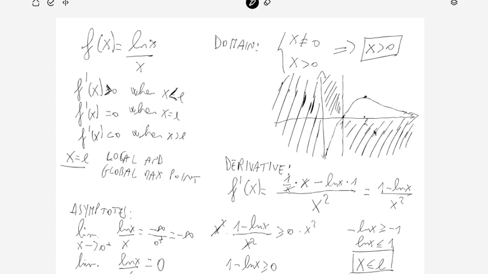And this is the graph of the function. So the function increases because the derivative is greater than 0, reaches a maximum point at e, and then starts decreasing, approaching 0 because the limit is 0. Okay, this is a standard example of the study of a function.